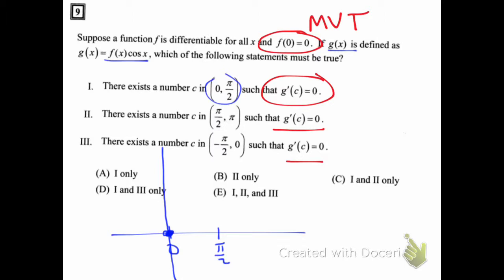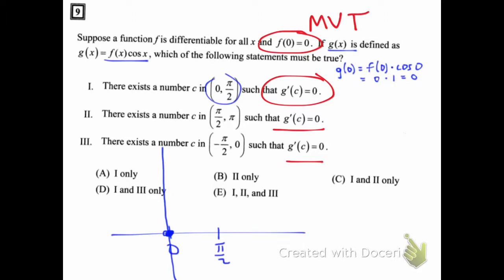If g of x is f of x times cosine x, then g of 0 is f of 0 times cosine 0. Well, f of 0 is 0, and cosine of 0 happens to be 1, but 0 times any real number is just 0. So 0 is the value of g of 0.